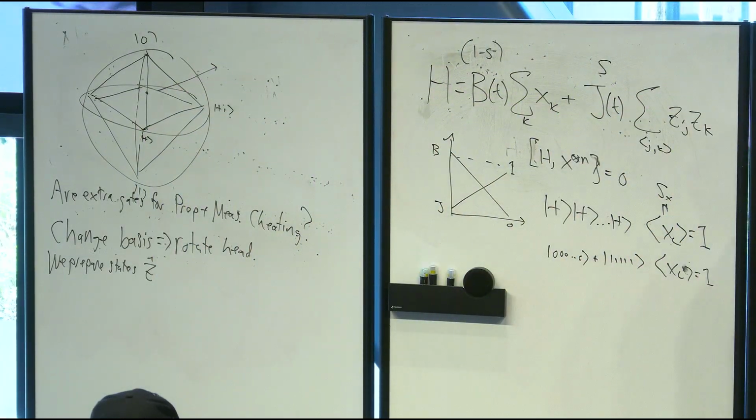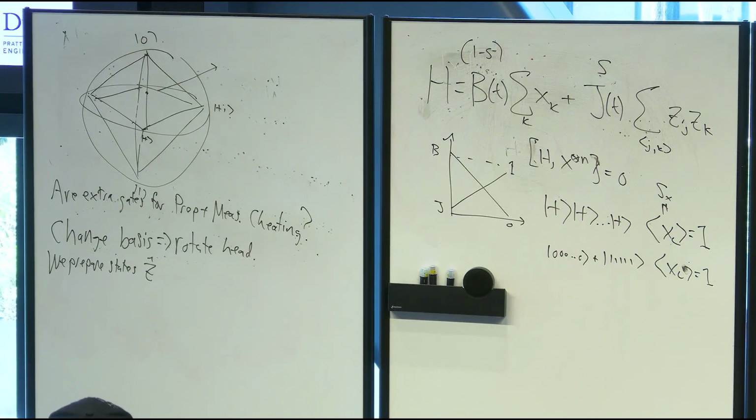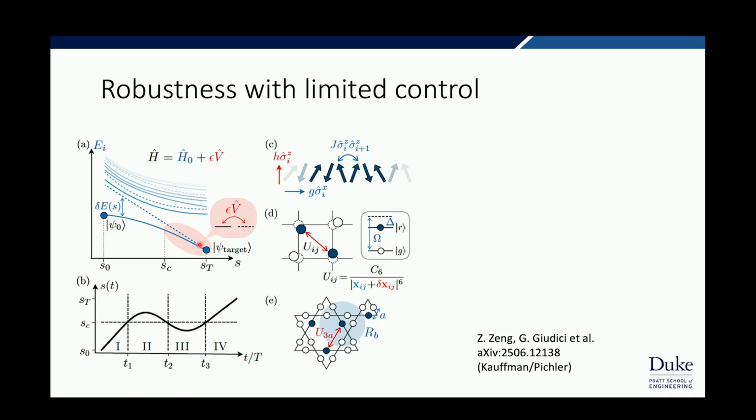So if we go back to the slide, the target state has two degenerate ground states. Okay, great. So one of them is the negative one eigenvalue of XL. The other one's the positive value of XL. But because it's degenerate, I can pick any basis.